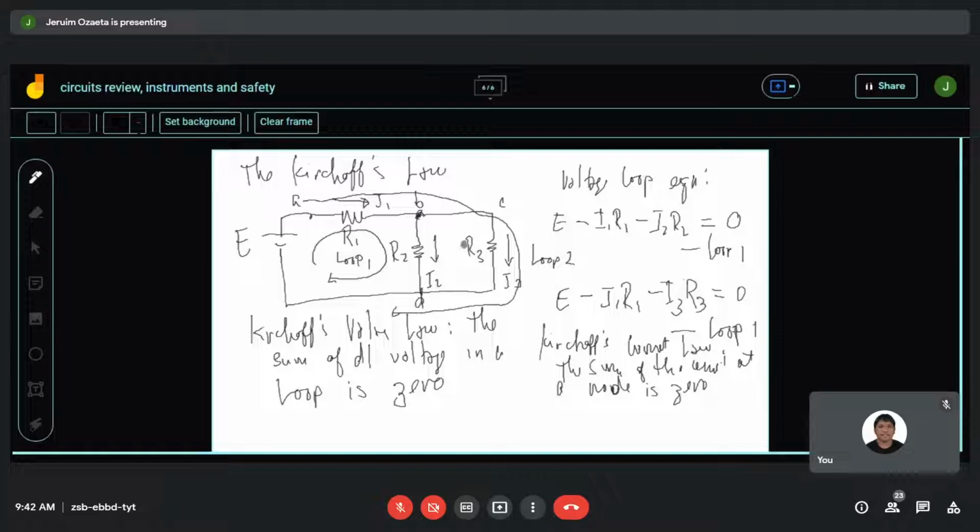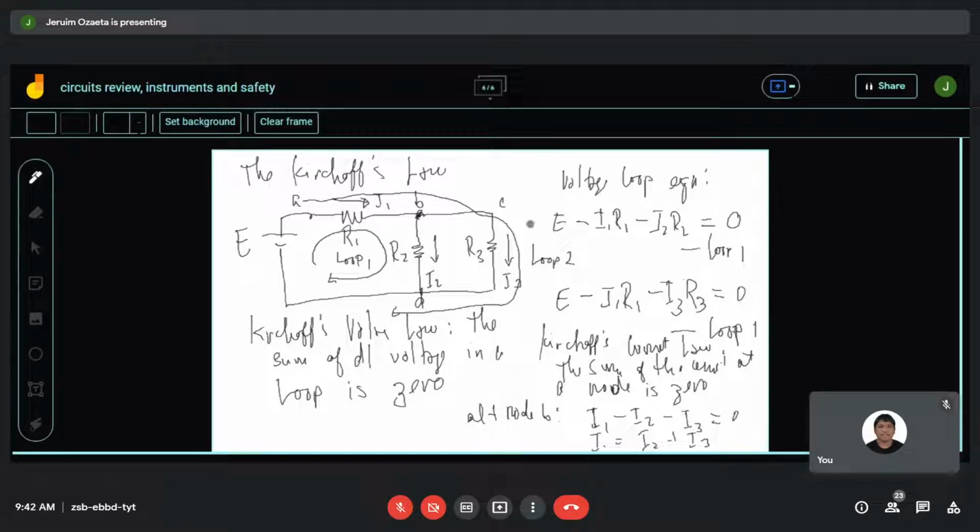So that means at node B, you have I sub 1 minus I sub 2 minus I sub 3 equals to 0, which makes I sub 1 equals I sub 2 plus I sub 3.